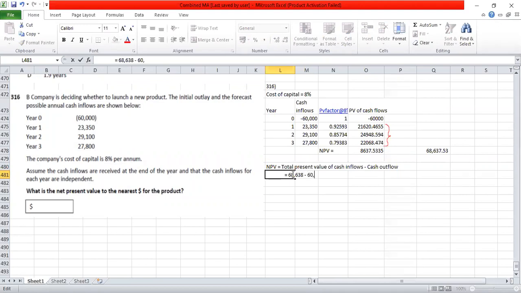Outflow is 60,000 minus 60,000. So basically we have it as is equal to 8,638. 8,638. That is the meaning of it.